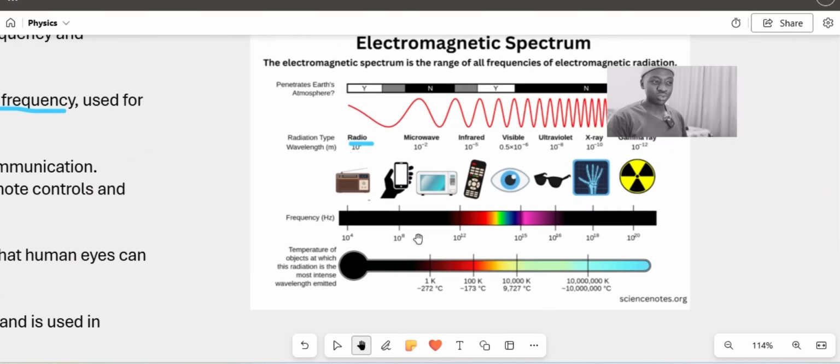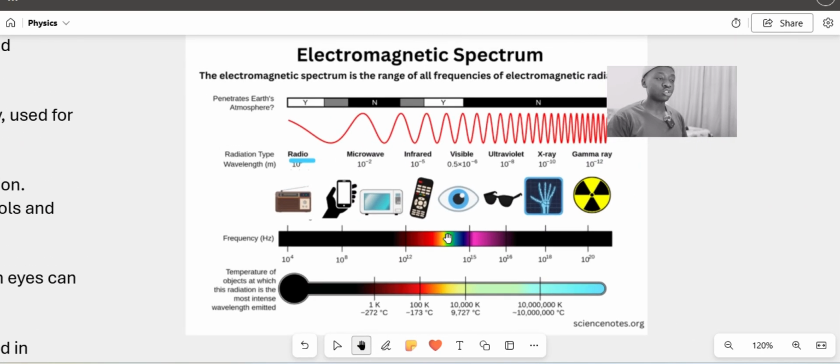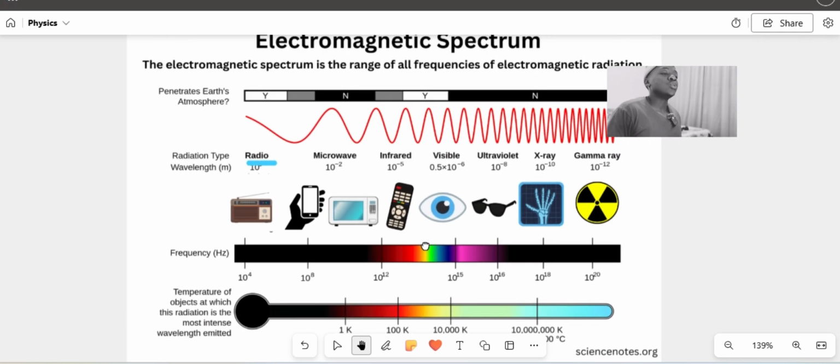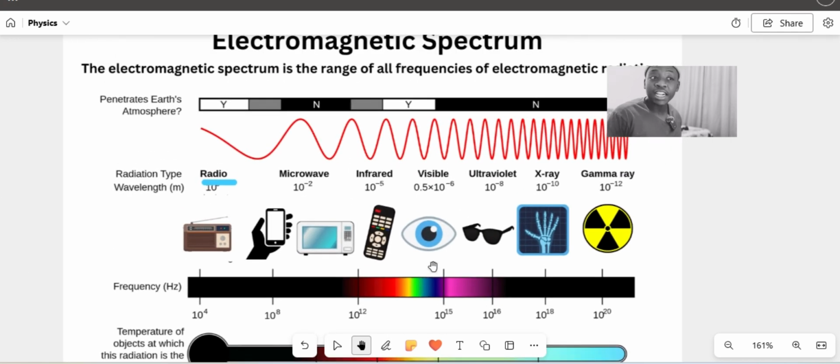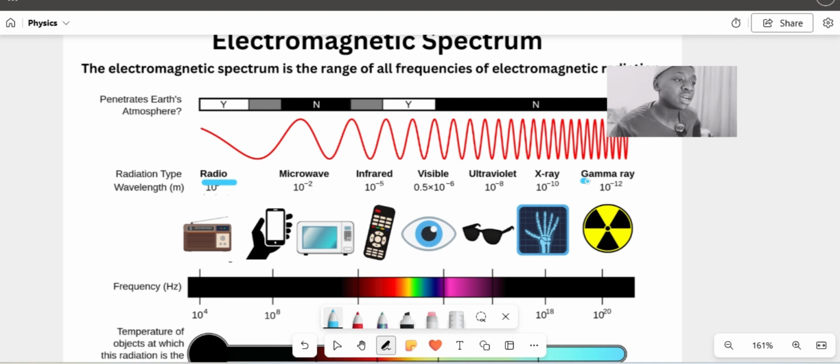We will come to the uses of this electromagnetic spectrum later, but for now I would like you to familiarize yourself with them. You must keep in mind that from radio waves to gamma rays is from lowest frequency to highest.